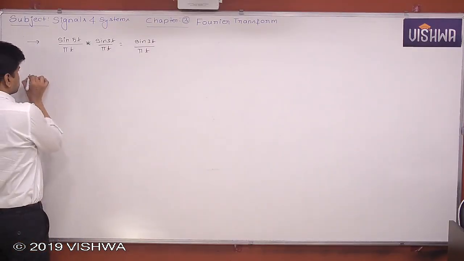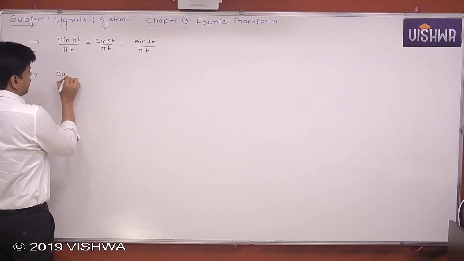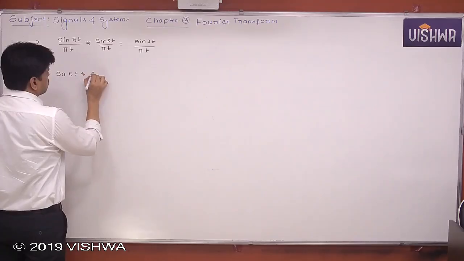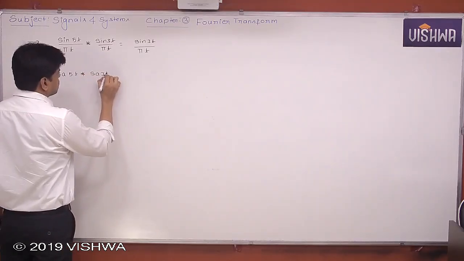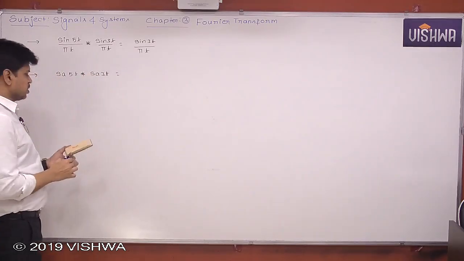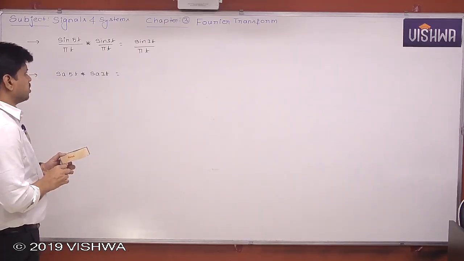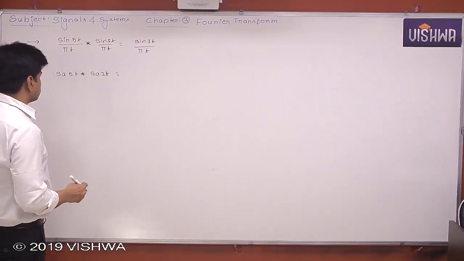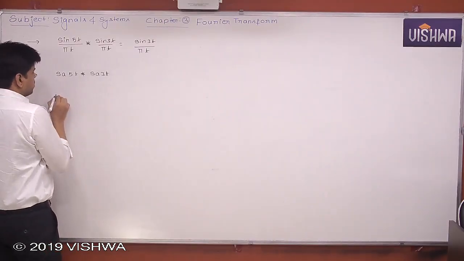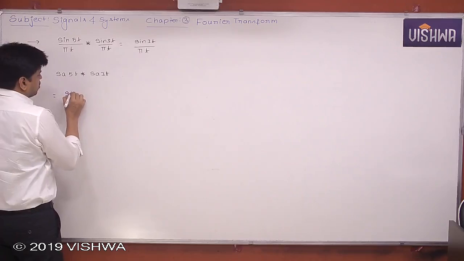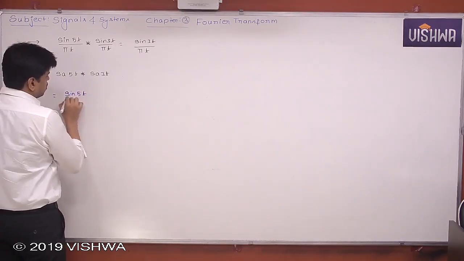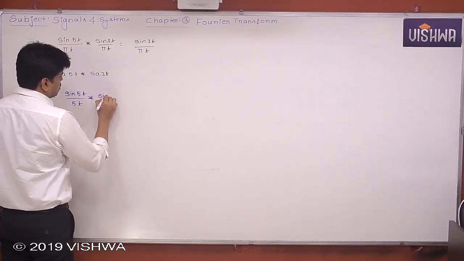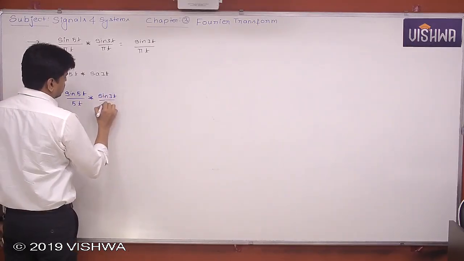Now, if the question is sampling 5t convolution with sampling 3t, then what is the answer? You cannot say sampling 3t, that is a wrong answer. Then what is the correct answer? This can be rewritten as sine 5t by 5t convolution with sine 3t by 3t.